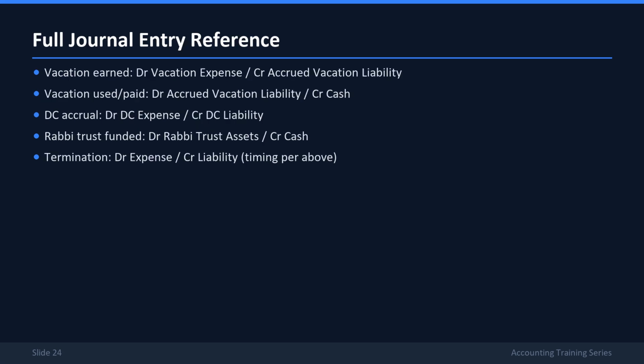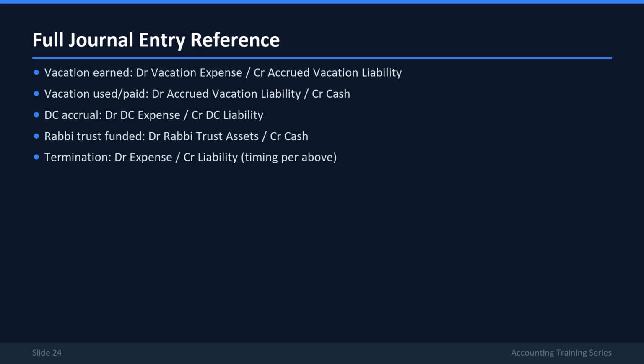For your reference, here is the full set of journal entries from the training series. Vacation earned: debit vacation expense, credit accrued vacation liability. Vacation used or paid out: debit accrued vacation liability, credit cash. Deferred compensation period accrual: debit deferred compensation expense, credit deferred compensation liability.